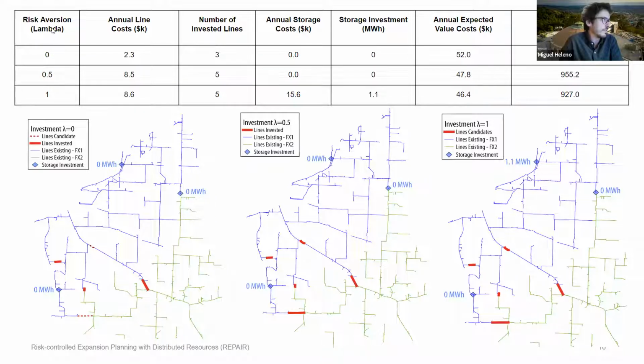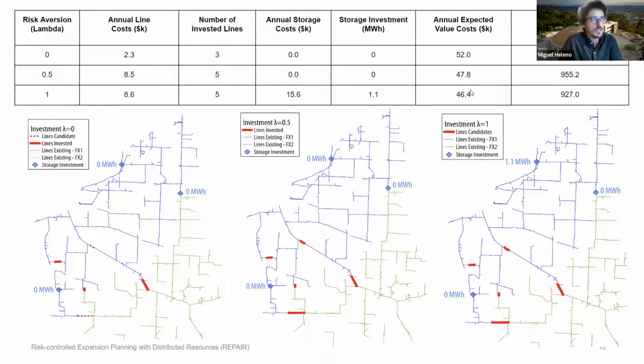And here you can see basically the same. So we have the risk aversion here, 0, 0.5, and 1. You can see the number of investments, the annualized cost of the storage investments, and the expected value of loss of load.